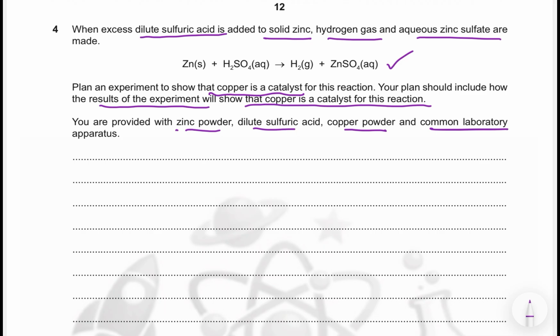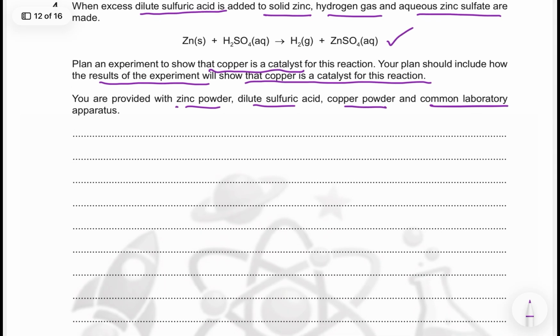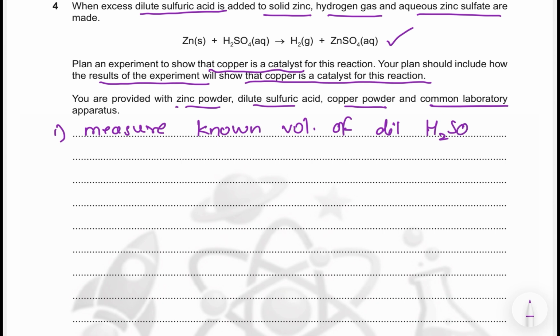So the first point that you can write here is: measure a known volume of dilute sulfuric acid. Then you have to weigh a known mass of zinc.